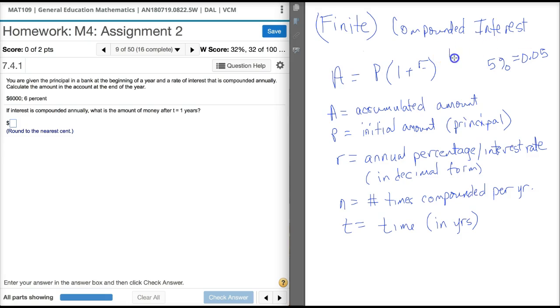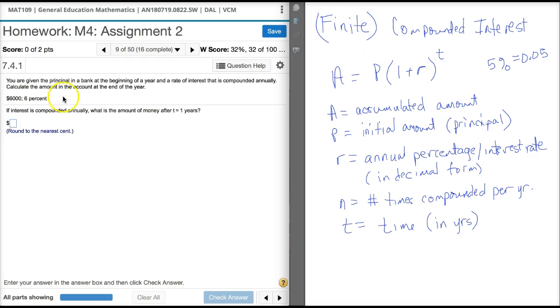I'll put the t back there. So this is 1 here, divided by 1 there. We know that r divided by 1 is just r, and 1 times t is t. So this would end up simplifying to this particular equation here.